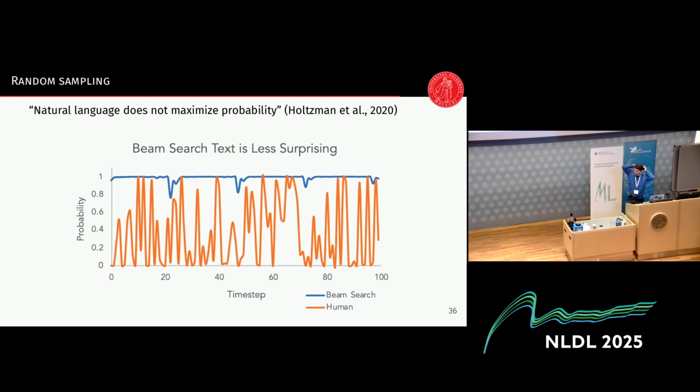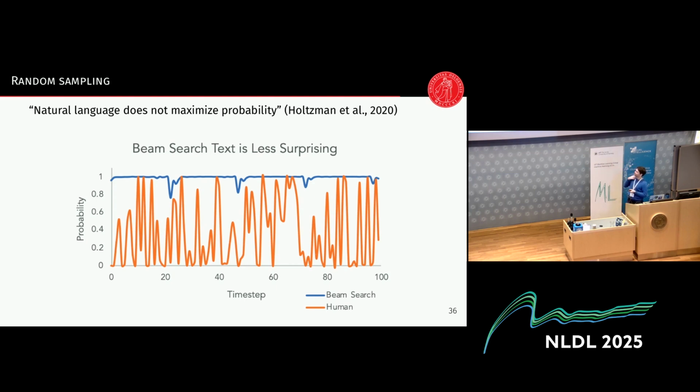Yeah, this searching for the most probable sequence is good, but it's often not what we actually want. And as Holtzman said in this paper, natural language does not maximize probability. You probably notice that when people talk, they are not robots. They sometimes say something unexpected, surprising, interesting, not just the most mundane things that follow one after each other.